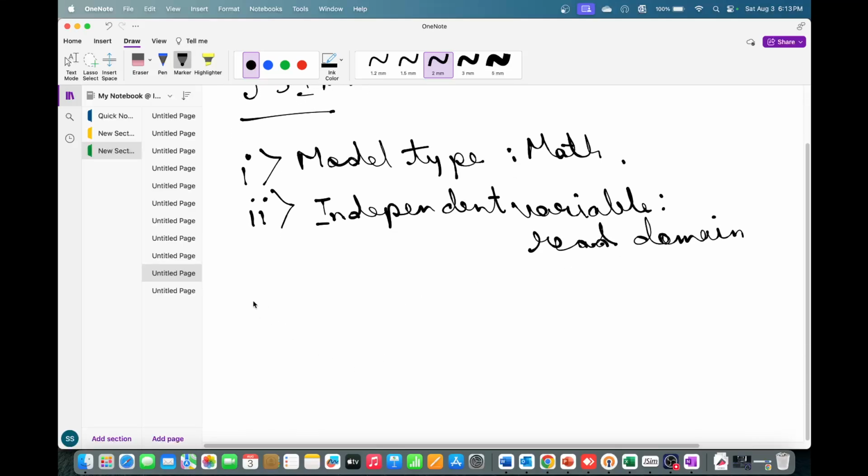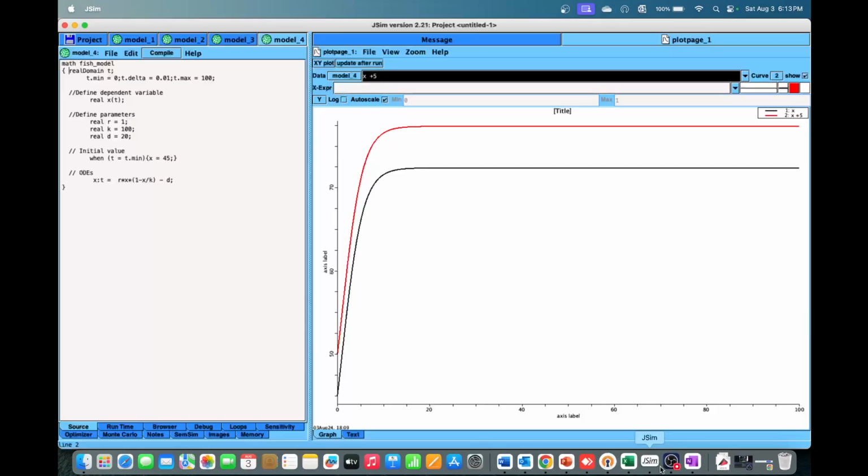Third thing you define is your dependent variable. Here also real means it's in the real space. There are no complex things involved, complex as in i and everything. Those are not involved. All real spaces.